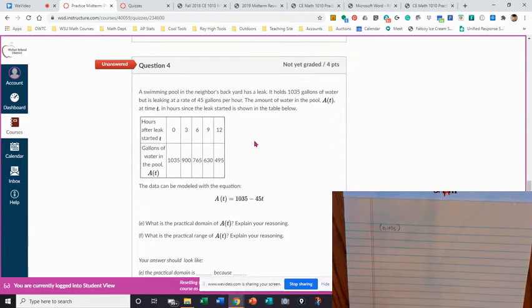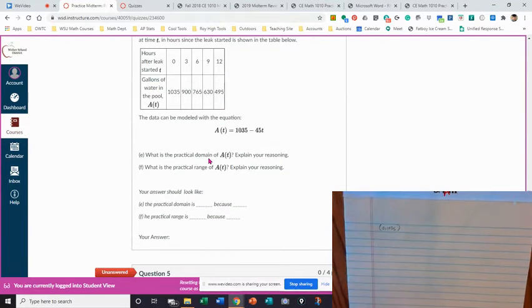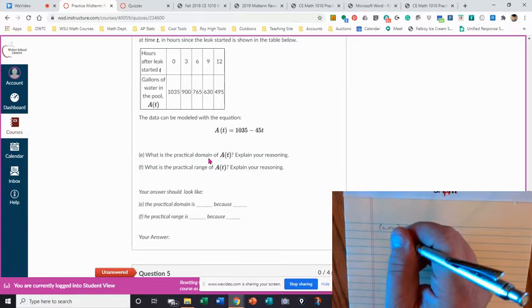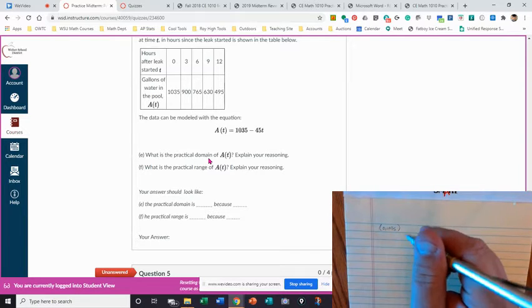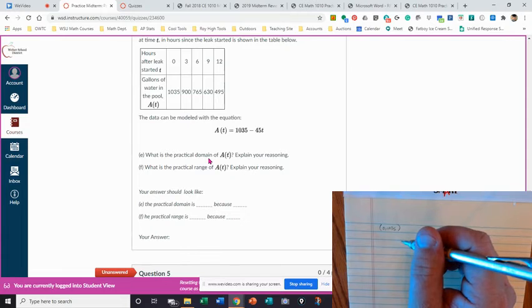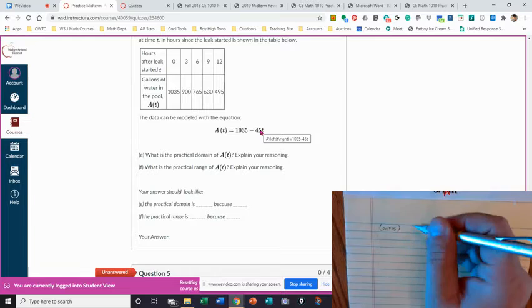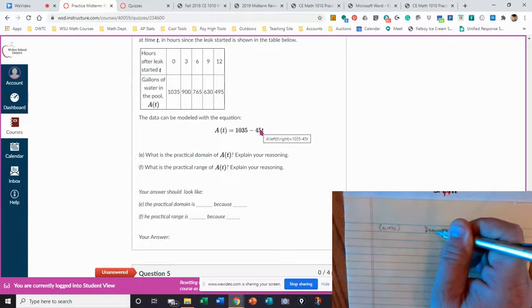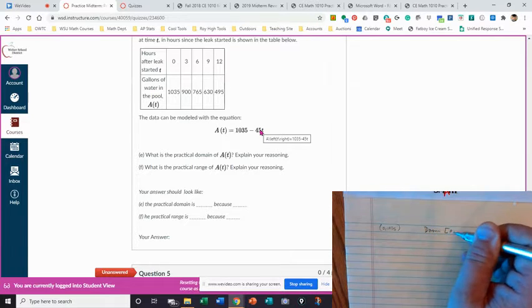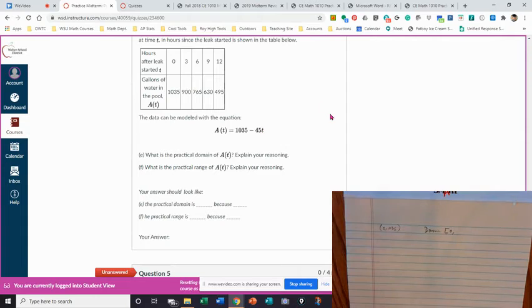Okay, so here's the same thing, question 4, and it's the same practical domain. Now here's where we're going to do some stuff. I've got to think about this in context. The input is time, and the time starts at 0 and goes until the pool is empty. How many hours is that going to be?